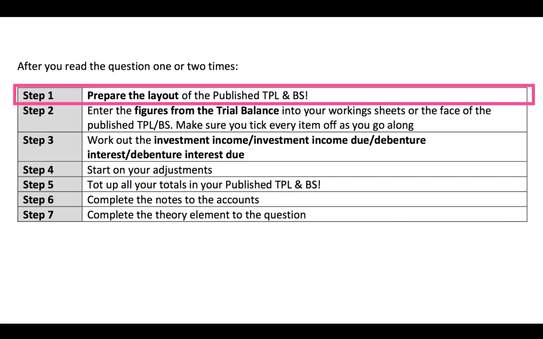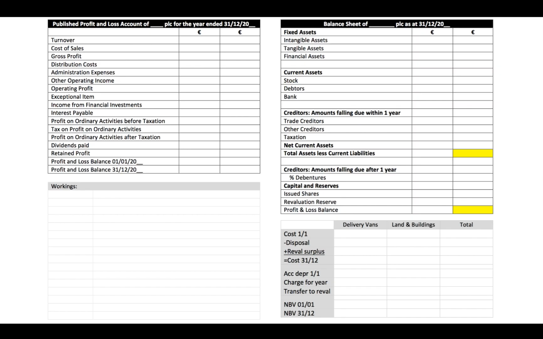Okay, so first step I would say to you is to prepare the layout of the trading profit and loss and the balance sheet using the format that you're asked to do in the Companies Act.